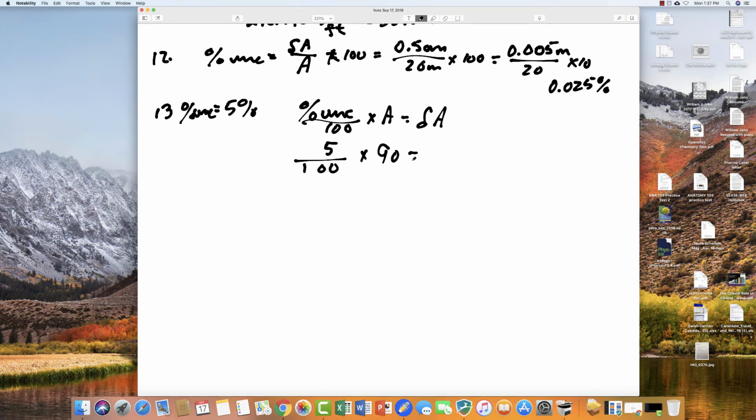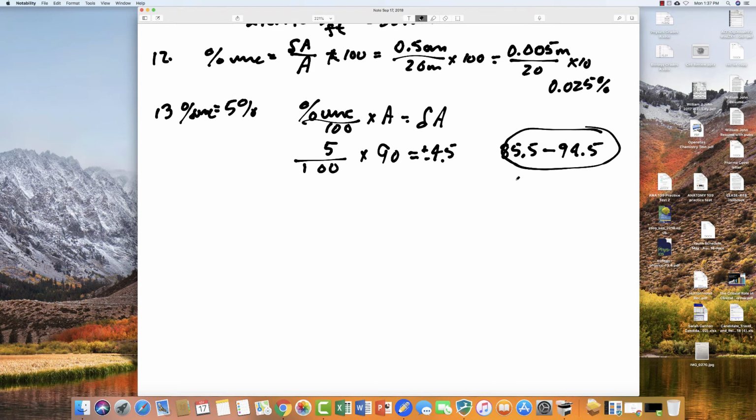If you do the math on this, you're going to get plus or minus 4.5. And so that means the range of speeds is going to be 85.5, which is 90 minus 4.5, to 94.5. So the actual speed when it reads 90 can be anywhere in between 85.5 and 94.5.